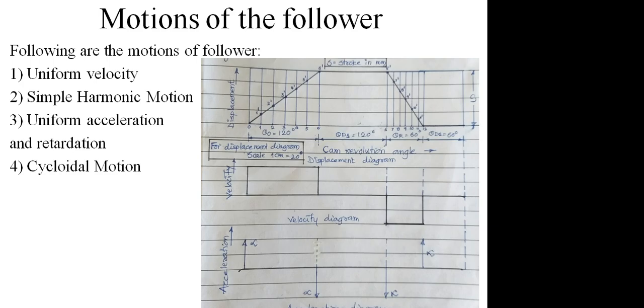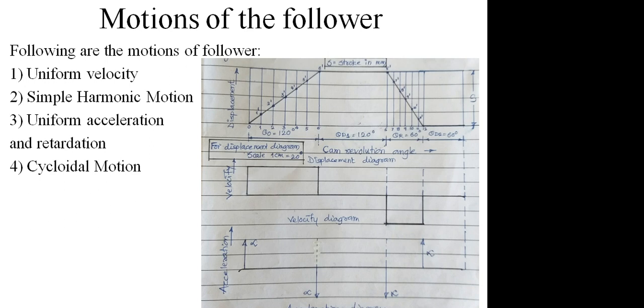Now, already I have told you that the motion of the follower is predetermined and it depends upon the shape of the cam. The follower moves with four different motions. From these motions of the follower we will draw a cam profile.